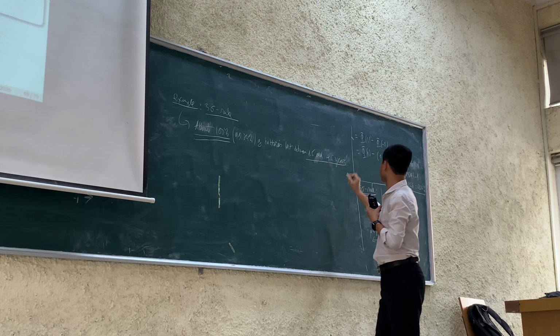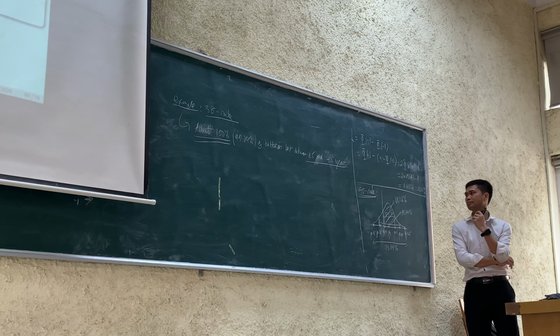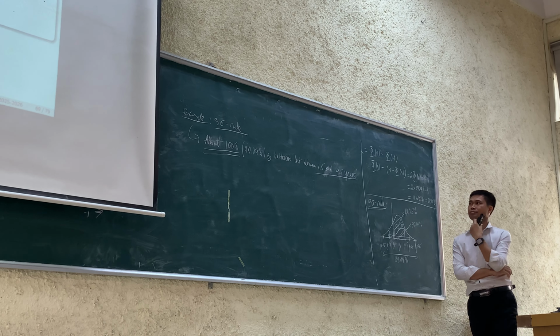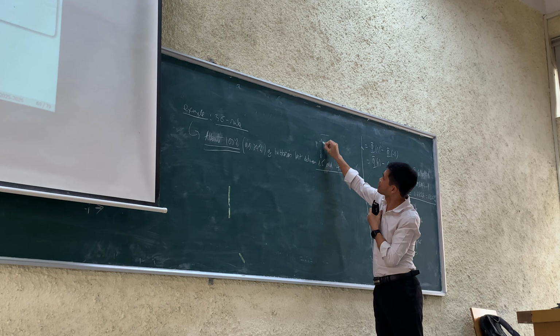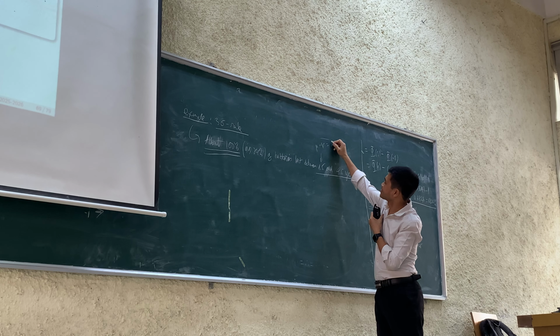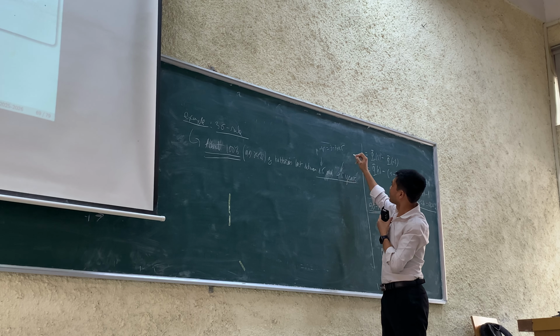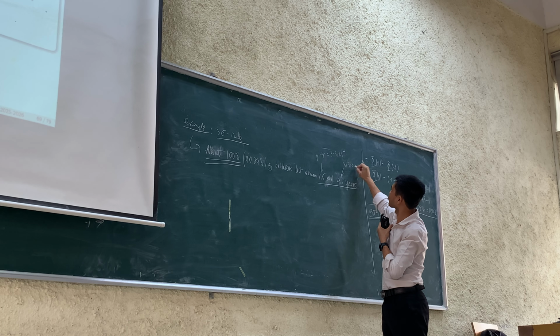Yes. Okay. 1.5 is mu minus 3 sigma, and 4.5 is 3 plus 3 times 1.5.